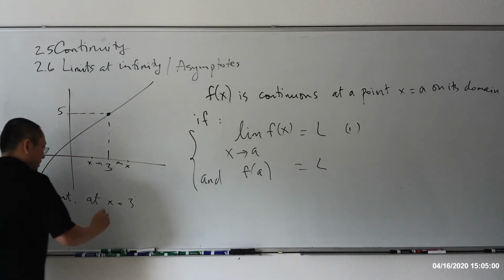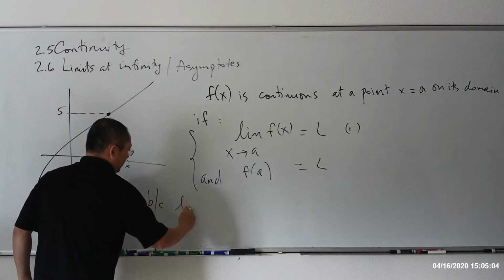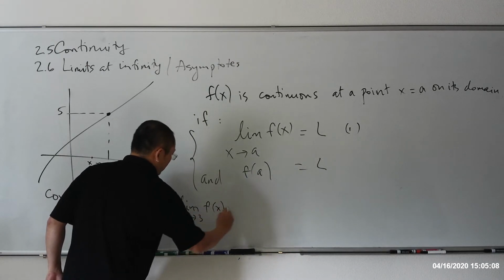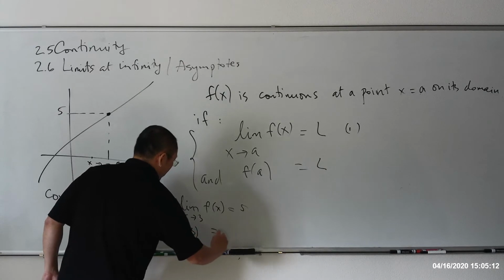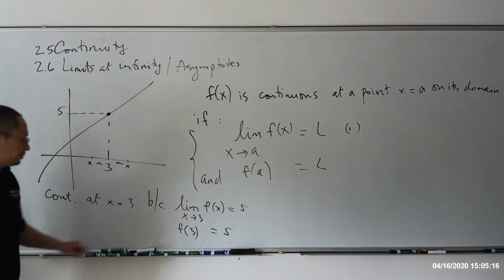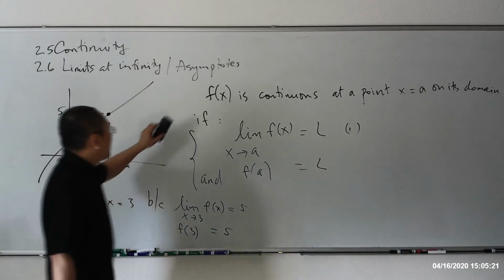Moreover, the limit of f of x as x approaches 3 equals 5, and f of 3 is also equal to 5. Is that point in the domain? Yes. So far, so good. How about another example?